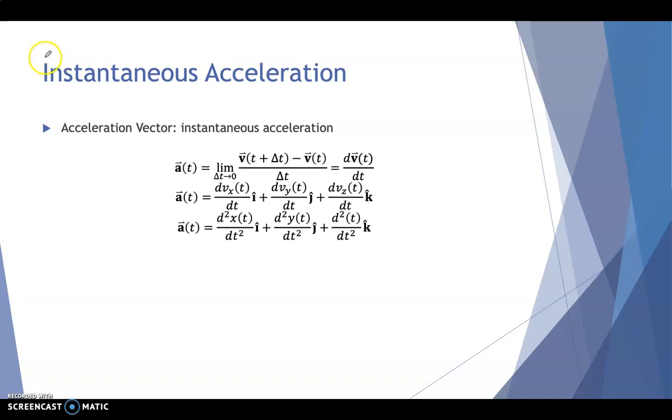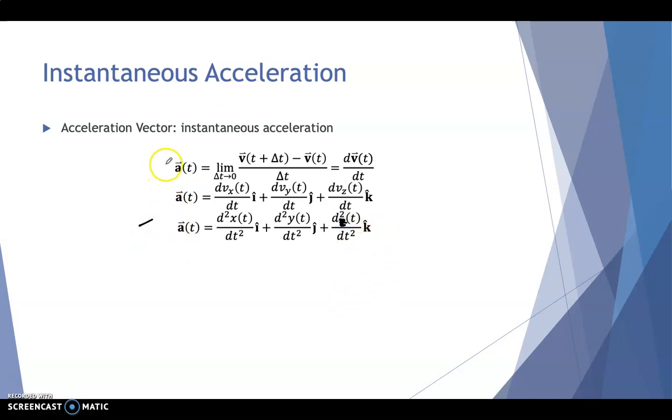So another thing I want to mention is instantaneous acceleration. Again, it's very similar to the other two that we already went over, the position vector and the velocity vector. So we have an acceleration vector, which describes the instantaneous acceleration, and it is going to be the derivative of the velocity vector with respect to t, or the second derivative of the position vector. This should have a z here. Whoops, I'll have to fix that.